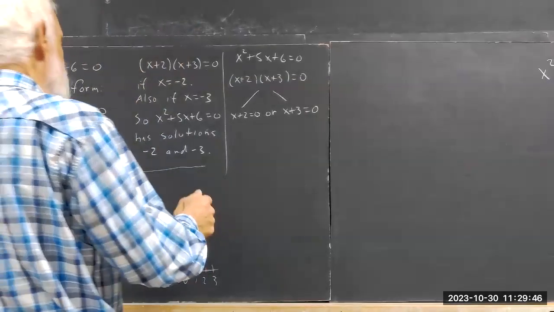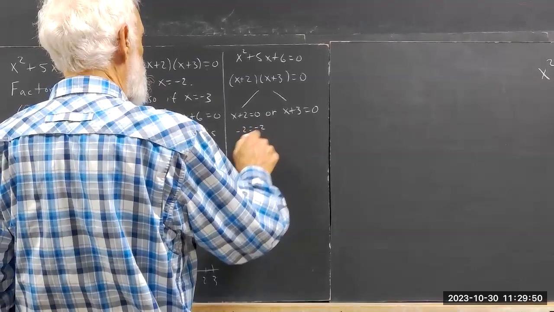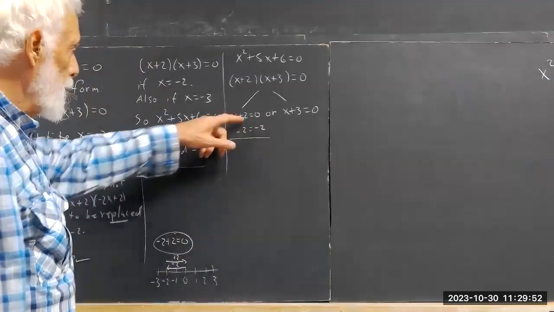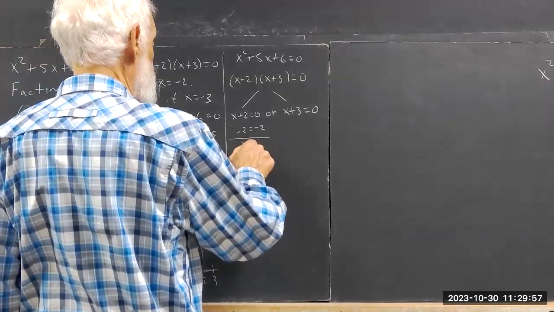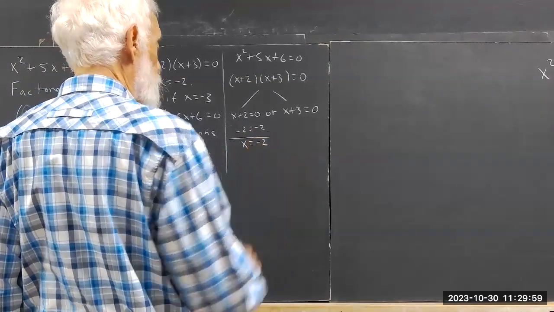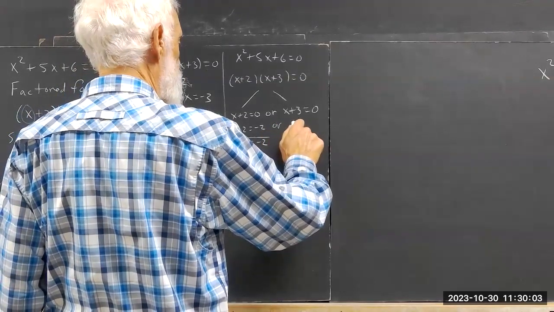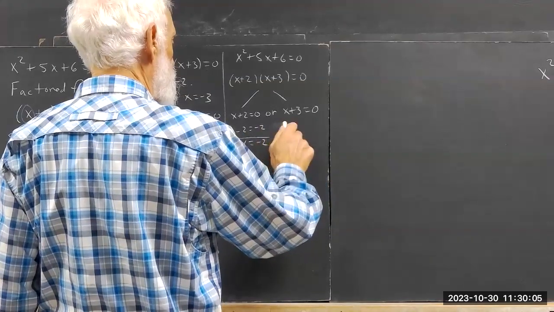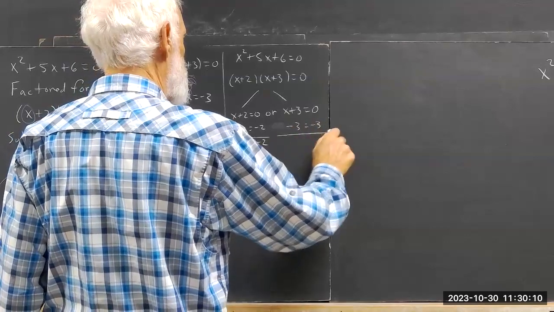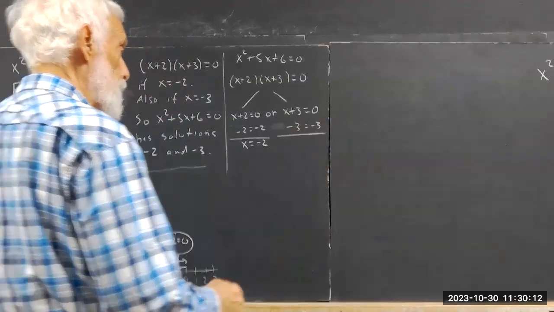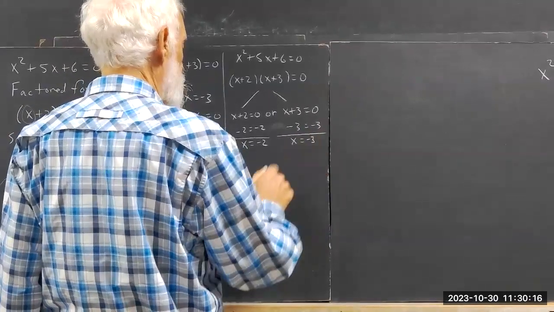Okay, now people like to do this, so I'm going to do it, although I don't like it. I'm going to subtract 2 from both sides here, and I'm going to get x equals -2. I subtract 3 from both sides, and I get x equals -3.